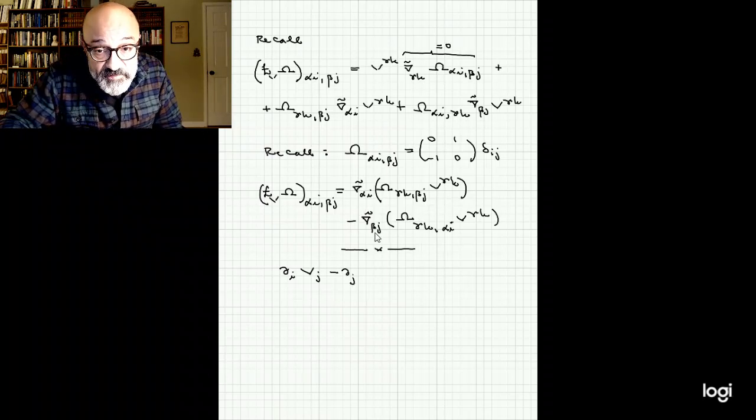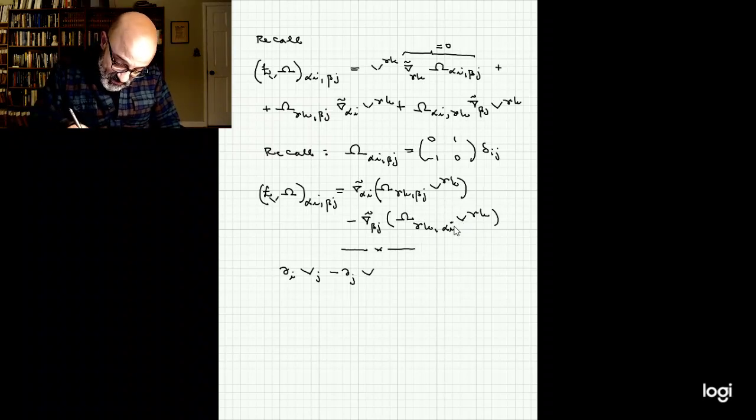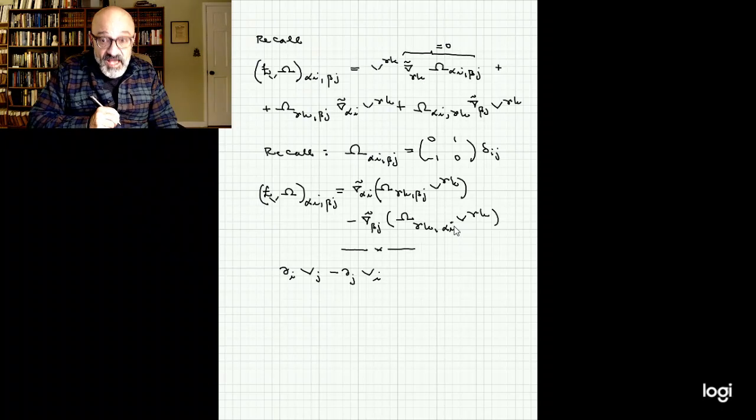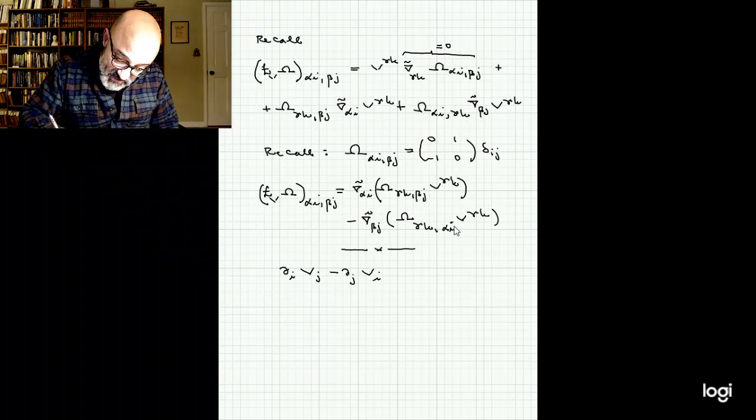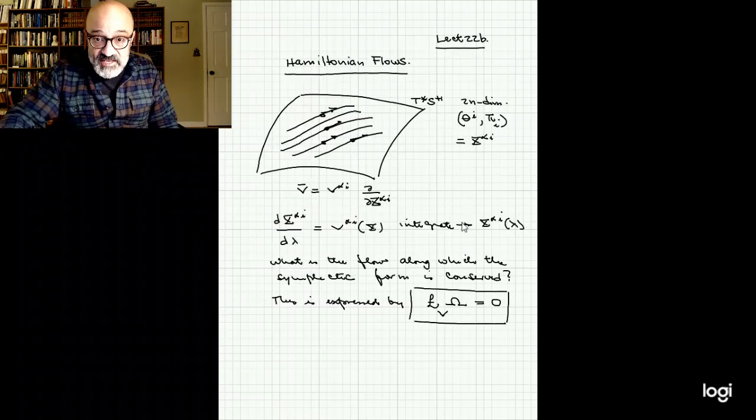And then I have the derivative j. And here I also have the gamma k's, but I have an i downstairs. So the object here is V_i. And what we are doing is we're setting this whole thing equal to 0, right? That's the basic idea here.